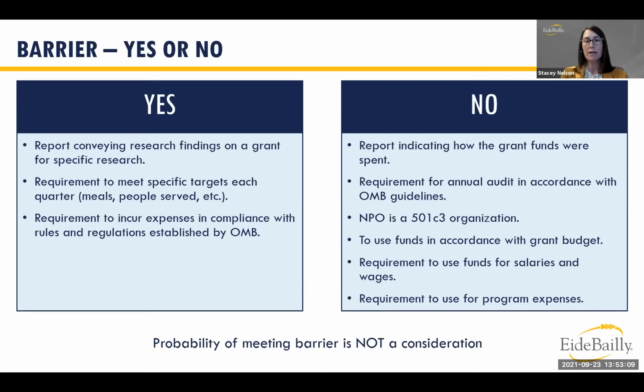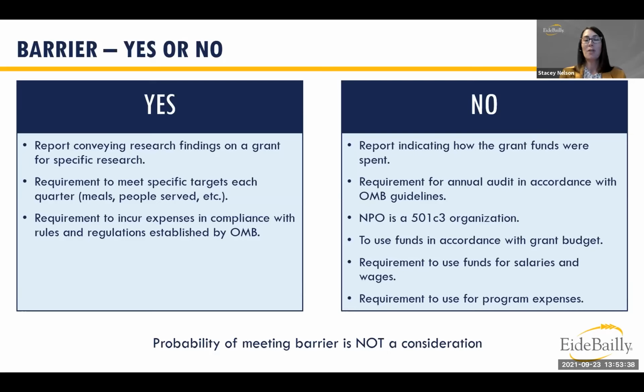That's really after the fact reporting and not really related to the purpose of the agreement. The second item under yes, a requirement to meet specific targets each quarter. So again, that's those meals, people served, et cetera. Under yes, we've also got the requirement to incur expenses in compliance with rules and regulations established by OMB. Those are the cost principles limiting the discretion on how you can spend those amounts. So that would be a barrier.